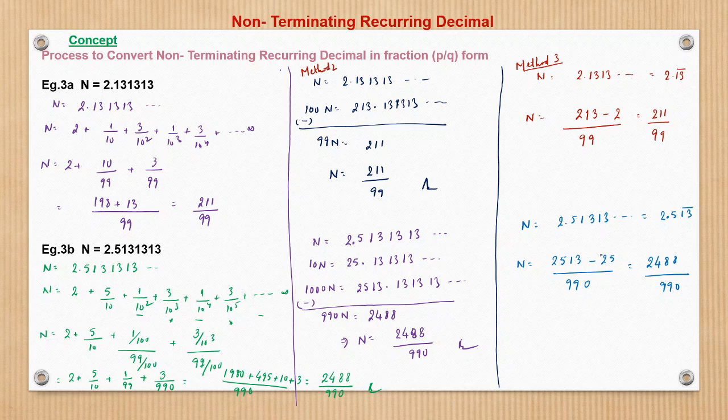The number of nines is the same as the number of digits under the bar. Here we have two nines because we have two digits under the bar, and the number of zeros is the same as the number of non-repeating digits after decimal. Here we have only one, that is 5, so we have 990. This is the standard approach of converting. Here we get 2488 upon 990, which is the same as what we got in the previous two approaches.